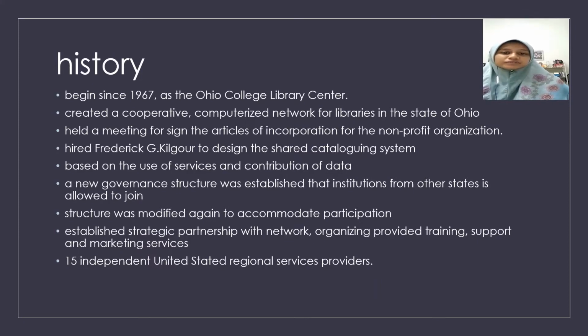The three of them wanted to create a cooperative comprehensive network for libraries in Ohio. On 5th July 1967, they held a meeting to sign an article of cooperation for the non-profit organization.